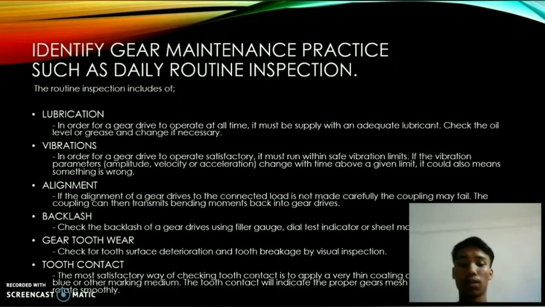The most satisfactory way of checking tooth contact is to apply a very thin coating of engineer's marking blue or another marking medium. The tooth contact will indicate the proper gear mesh for a gear drive to rotate smoothly. Okay, that's all from me. Thank you.